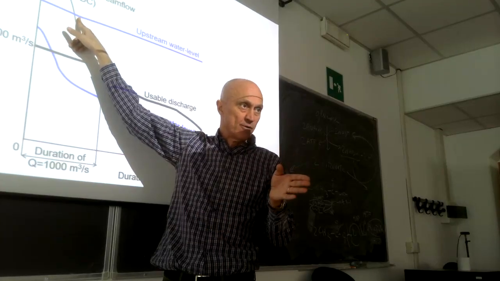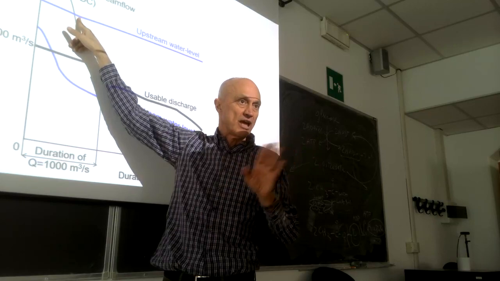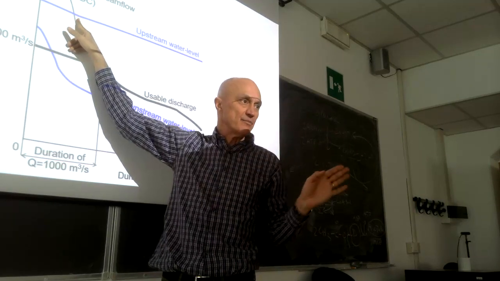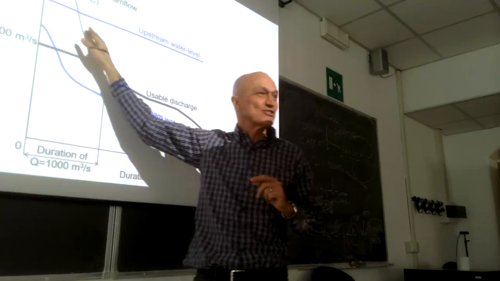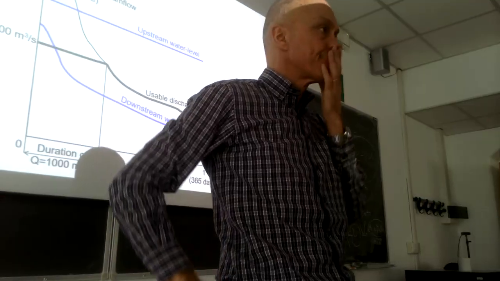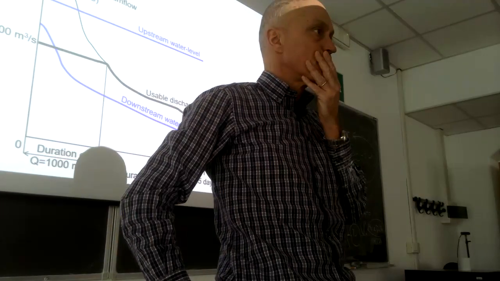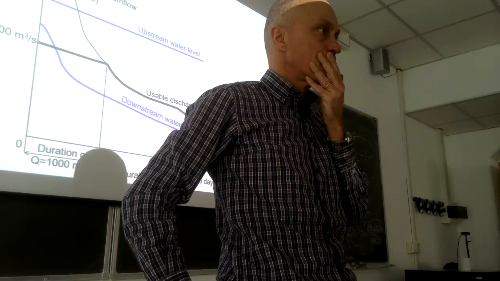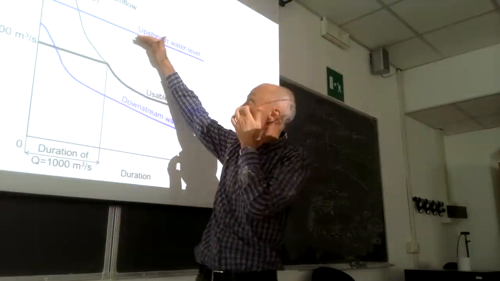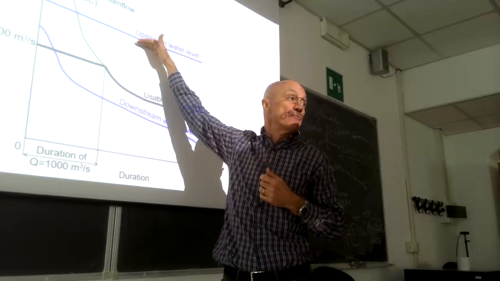This is a reference value of the upstream water level, okay? A reference value. Let's say it's the water level that the managers of the power plant want to have in the upstream point, in the intake.